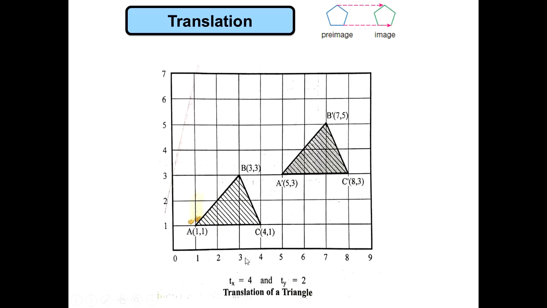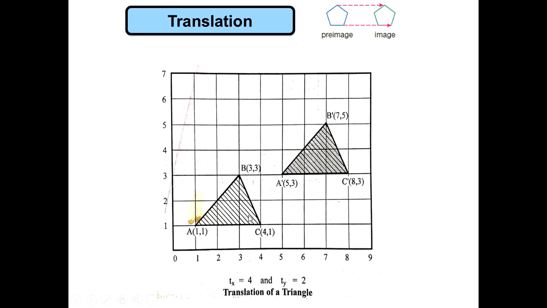Now we translated this triangle by 4 units in the x direction and by 2 units in the y direction. So triangle A, B and C is translated to the new position A dash, B dash and C dash by translating in the x direction by 4 units and y direction by 2 units.